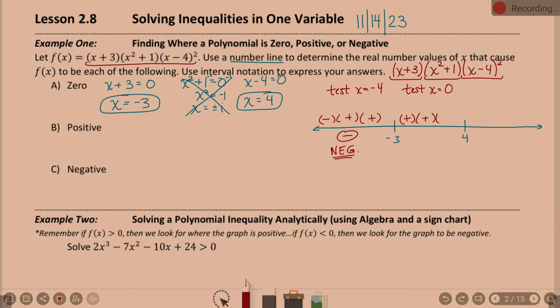Positive. 0 minus 4, quantity squared. Well, 0 minus 4 is a negative, but then when we square it, it's going to be a positive. What happens when you multiply all positives together? You get a positive, yes?